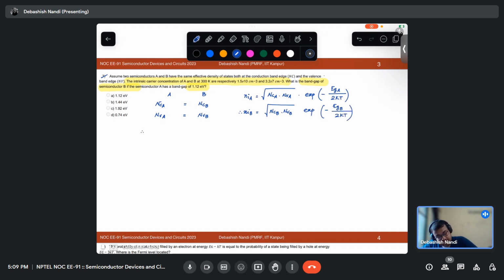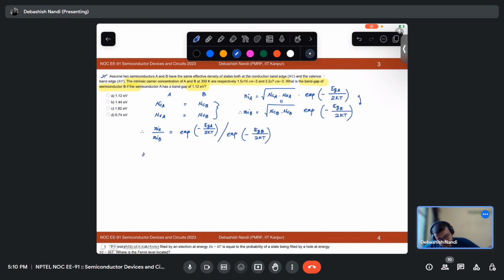So if I just divide these two equations, what I will get is NIA over NIB. These things are equal, right? Because of this, I can directly write exponential of minus EGA over 2KT over exponential of minus EGB over 2KT. Fine.